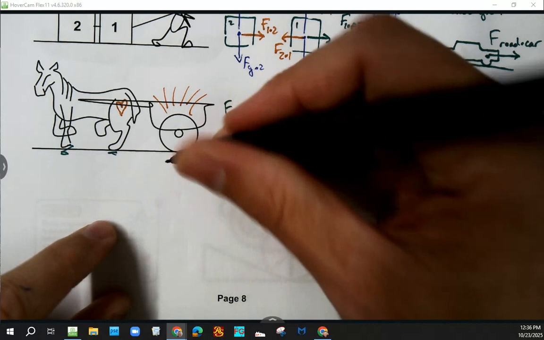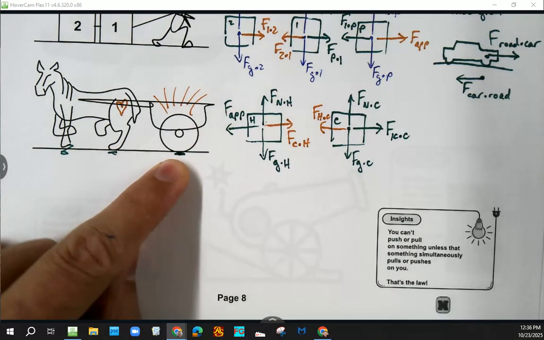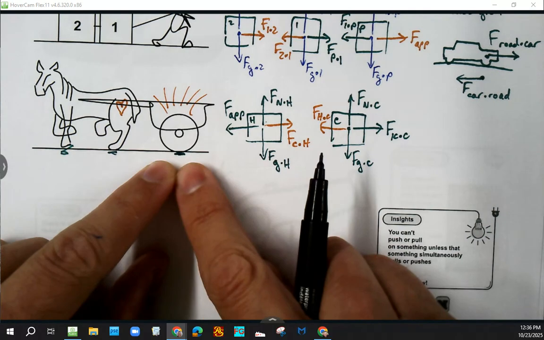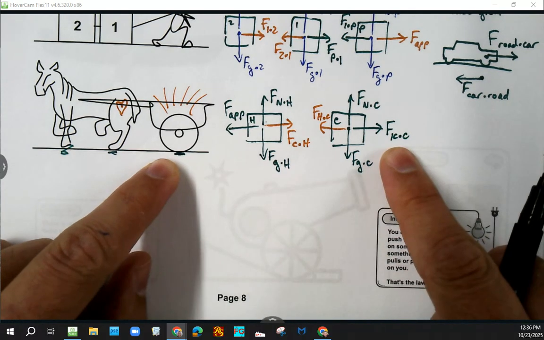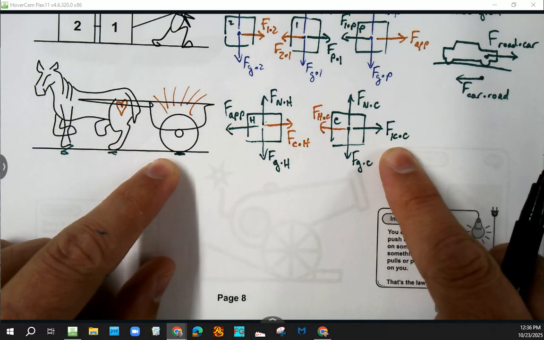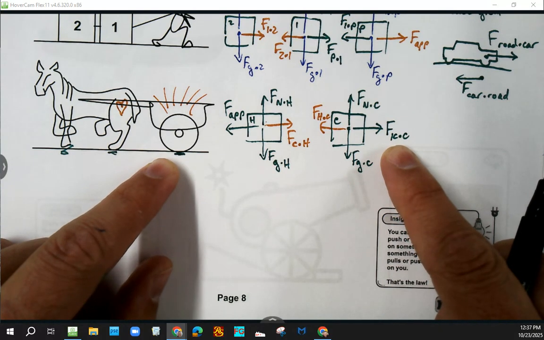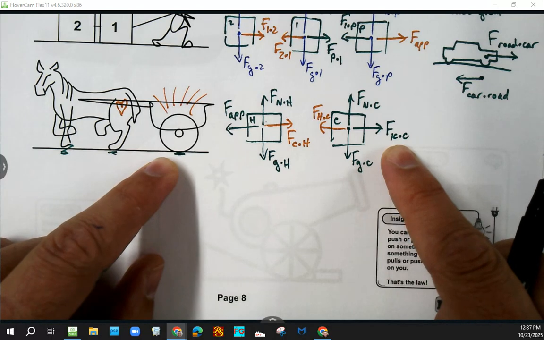I want to point out that it's not where the wheel meets the road. If that's where kinetic friction was, wouldn't that not be a cart? It would be a sled, right? The wheels would have locked up. We'd be sliding a bunch of hay around in a box. That's stupid. That's hard on the horse. Don't do that. Be kind to a horse, right?